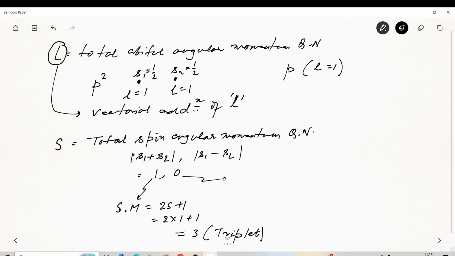And when S is 0, the spin multiplicity is 2 into 0 plus 1, so this is 1, and we say this is a singlet state.